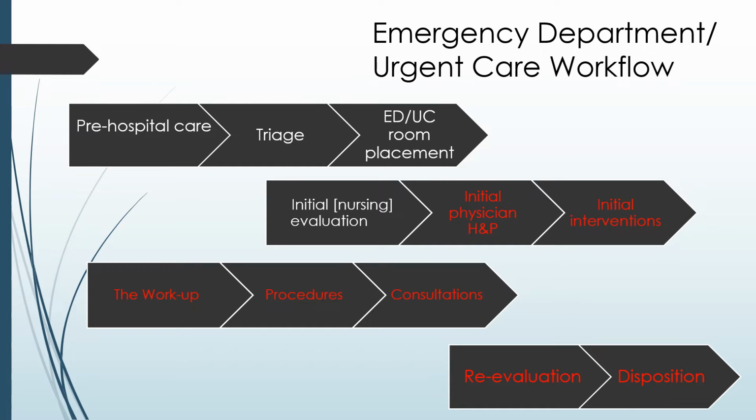Initial physician history and physical, initial interventions, the workup, procedures, consultations, reevaluation, and disposition. So many of these things, depending on the urgency of the reason why the patient's there, will happen all at once or in a slightly different order. We might need to do interventions, or the physician might need to do interventions prior to getting a full history. The ones in red are where the scribe would be involved.